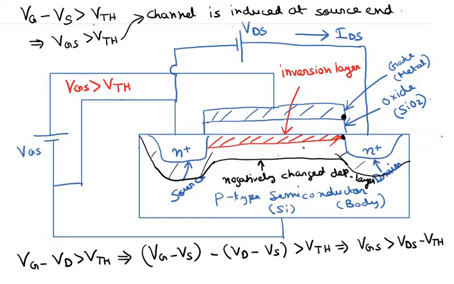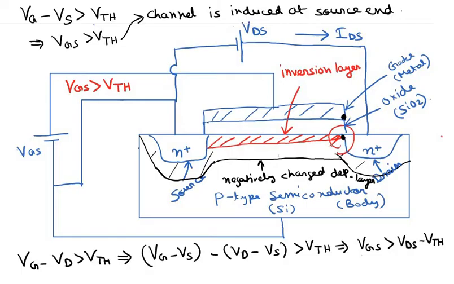So when we increase VDS, the density of electrons in the inversion layer at the drain end of the channel reduces. This means the overall strength of the channel, or the average conductance of the channel, is also reducing, because the average conductance is the average of the conductance of all the points within the channel.